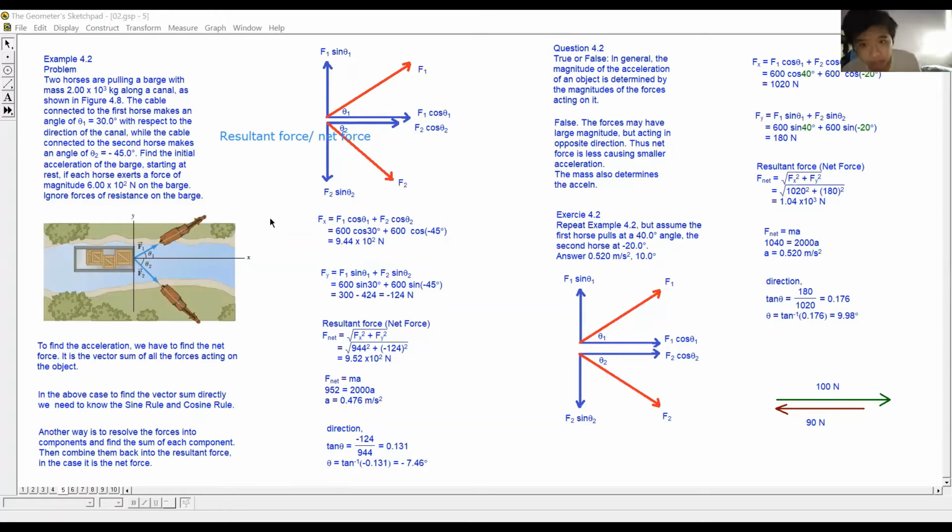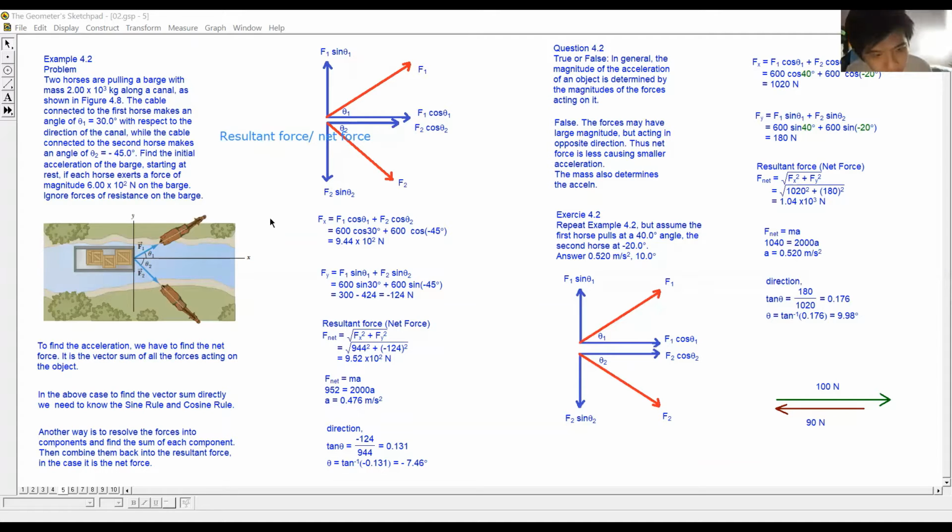Now, these forces, they are actually vectors. So we should treat them as if we are adding vectors and not adding numbers, right? Adding numbers, 600 plus 600 is 1200, but that is not the case because they are vectors, right? So we have to add them as if we are adding vectors, right?